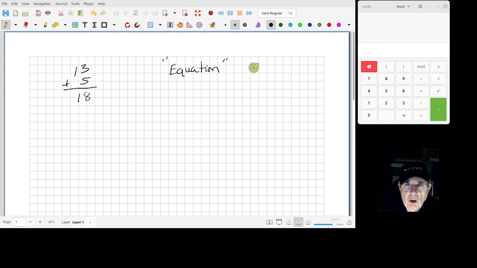Well, first of all, it has to have an equal sign in it. So let's take a look at this guy. This is an equation. It doesn't look like an equation. It won't look like what you might have seen before in algebra as an equation.